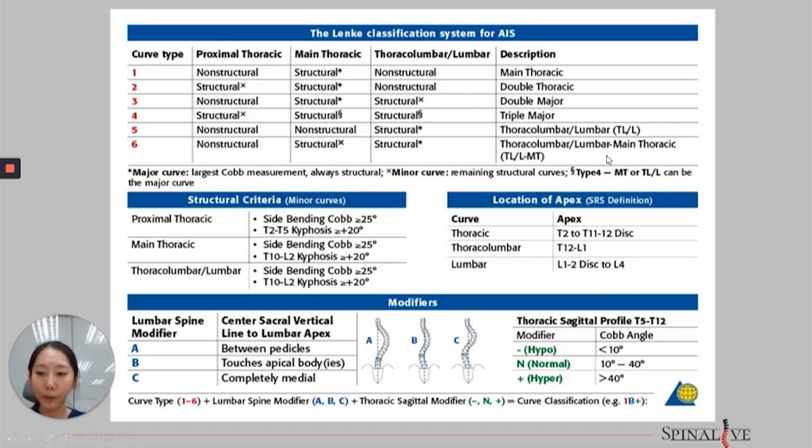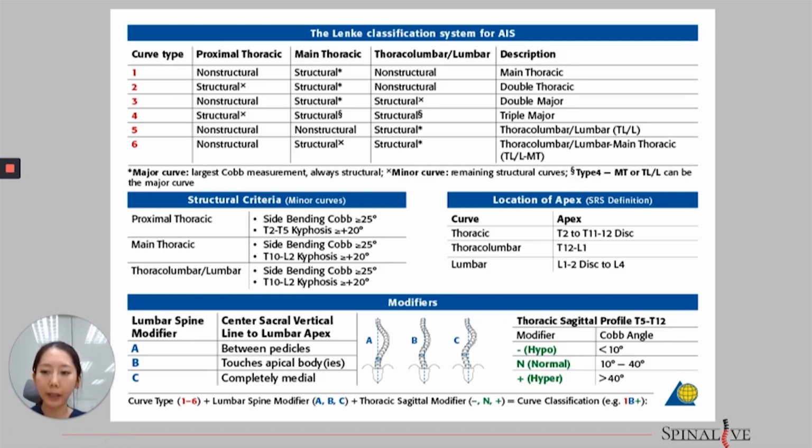So few things to actually take note. Please do go and study this because I find this really helpful. And also there's a structural criteria and importance to identify the location of the apex for this classification system.